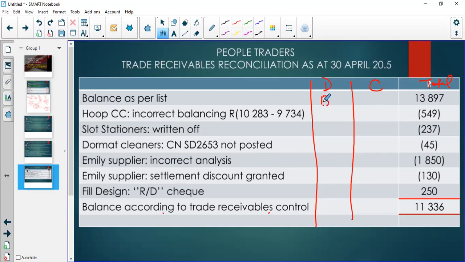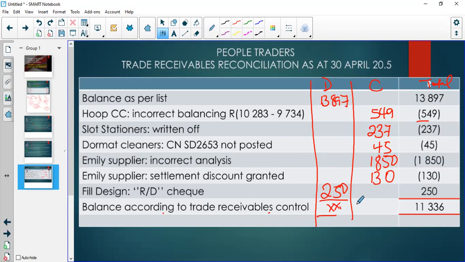So they give you this is 13897, and this will be a credit entry because it's reducing trade receivables. This is also a credit entry. This is also a credit entry. This as well reduces what the customers owe or what we should expect to be paid. It's an adjustment that results in customers owing less. And this is an increase, so we are restating. So if you add those up, they're going to balance, right?